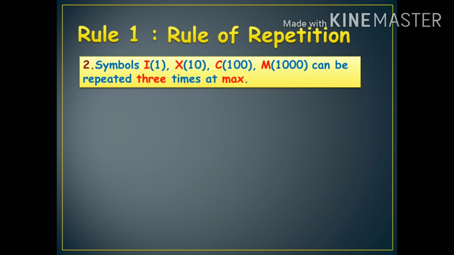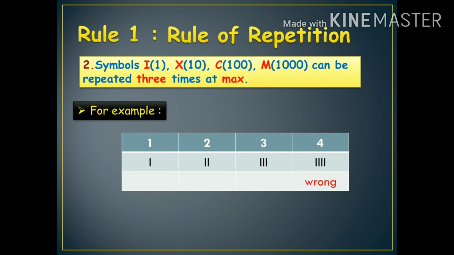Symbols I, that is 1, X, that is 10, C, that is 100, M, that is 1000, can be repeated 3 times at max, which means we cannot repeat these symbols more than 3 times.